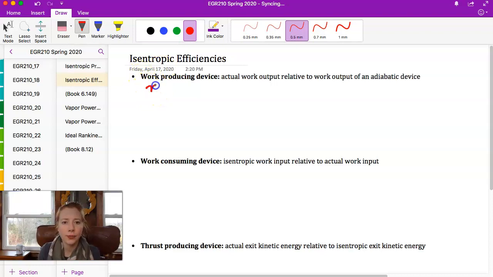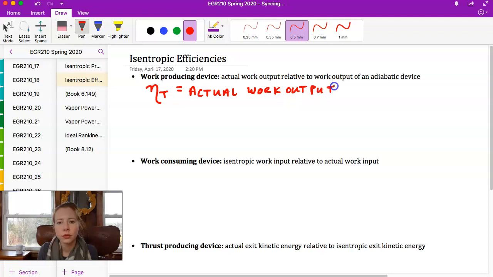So the isentropic efficiency of a turbine, which we did talk about briefly last lecture, is equal to the actual work output divided by the isentropic work output.